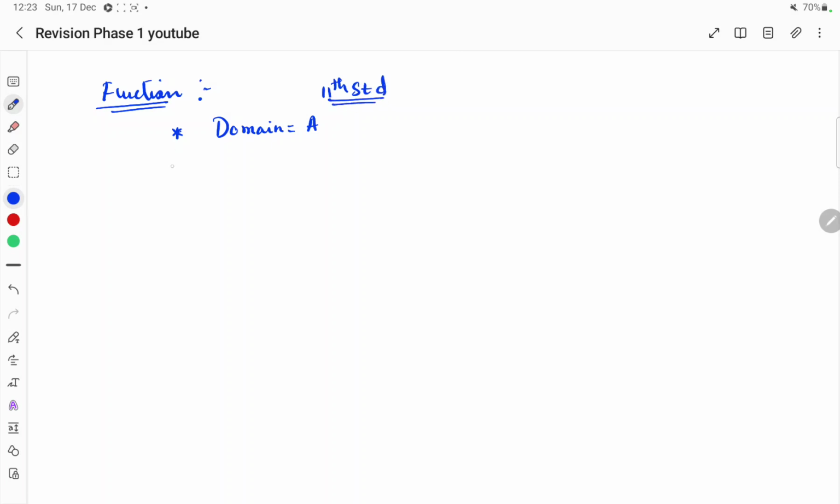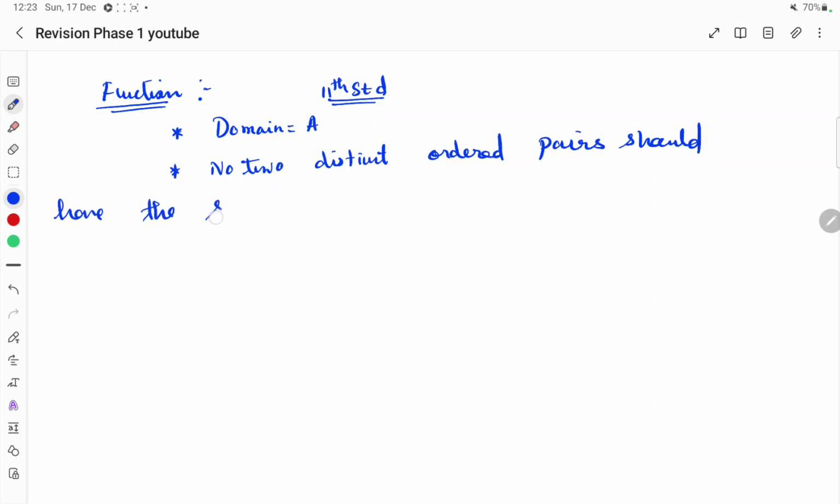So domain should be equal to set A, and no two distinct ordered pairs should have the same first element. This is the definition of functions we have.